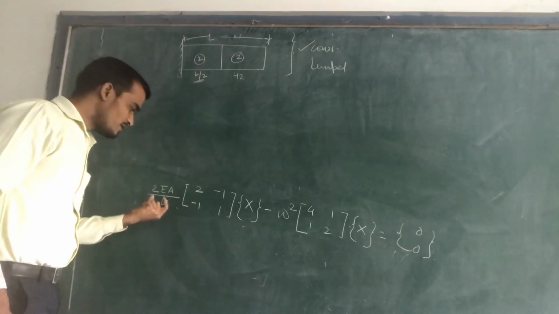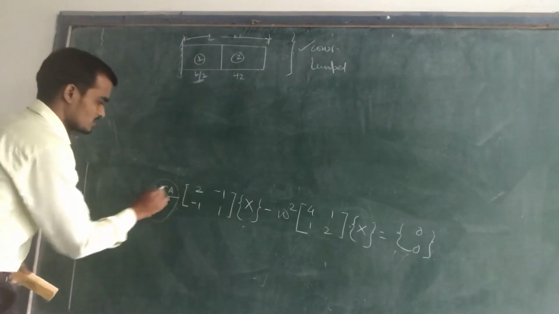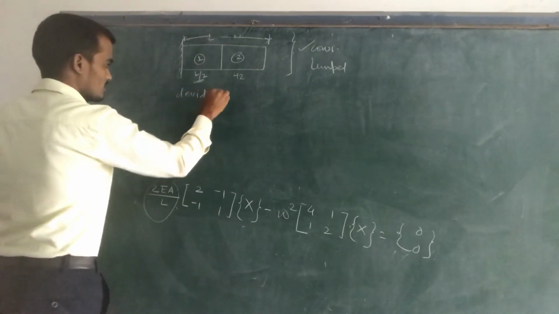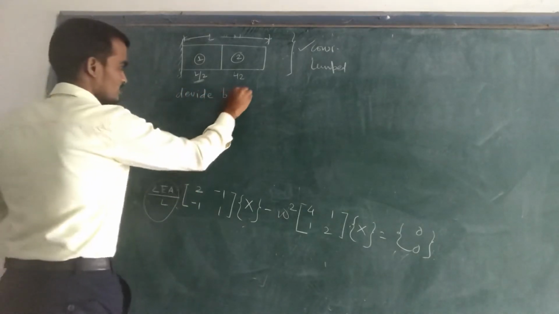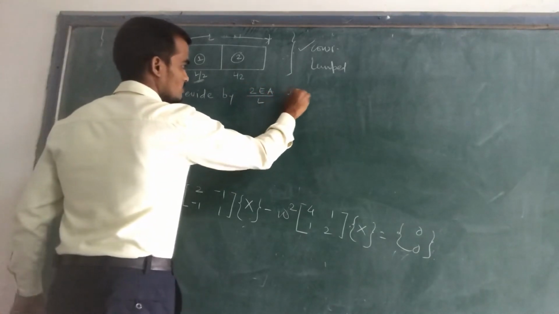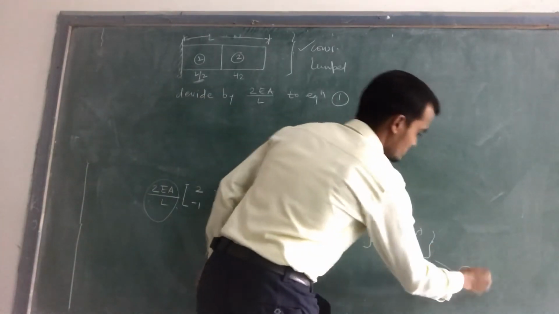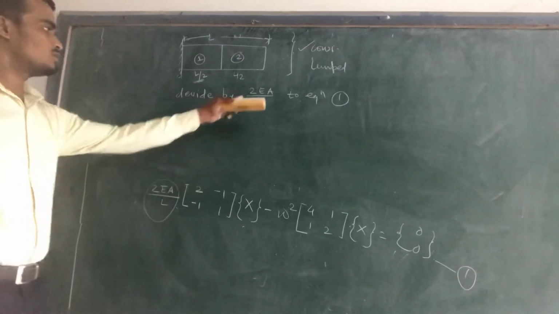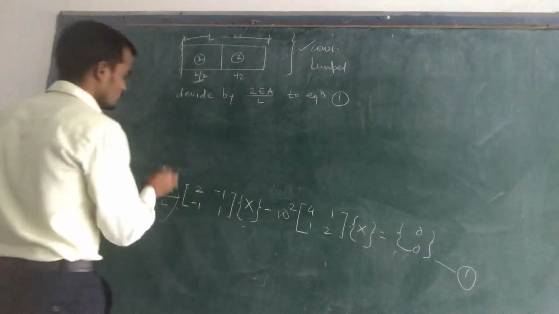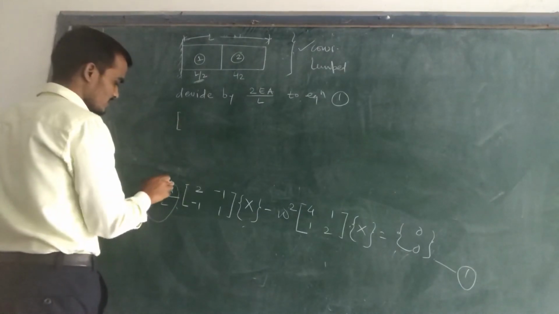So we need to divide this whole equation, let us say equation 1, by 2 times EA by L. If we divide this by 2 times EA by L, we will get the coefficient equal to 1.